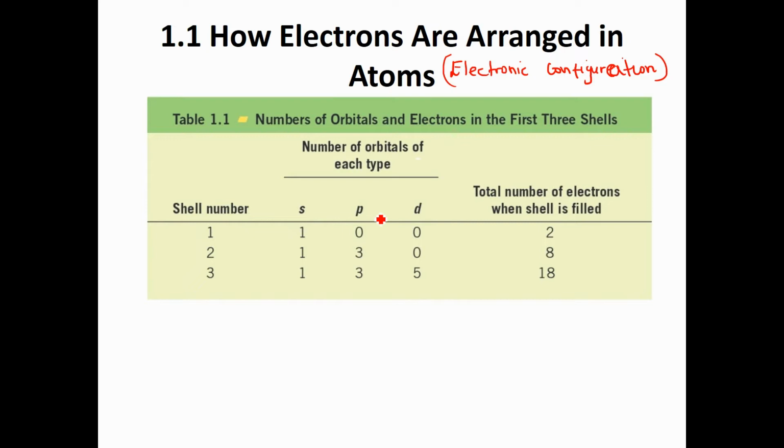Electrons are arranged in orbitals, you have the s orbital, the p, and the d. The s takes a maximum of 2 electrons. The p takes a maximum of 6 electrons, and the d takes a maximum of 10 electrons.